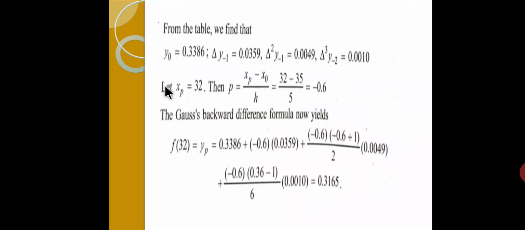From this we find the p value. With x equal to 32, p is equal to minus 0.6. Substitute all these values in the Gauss backward difference formula.